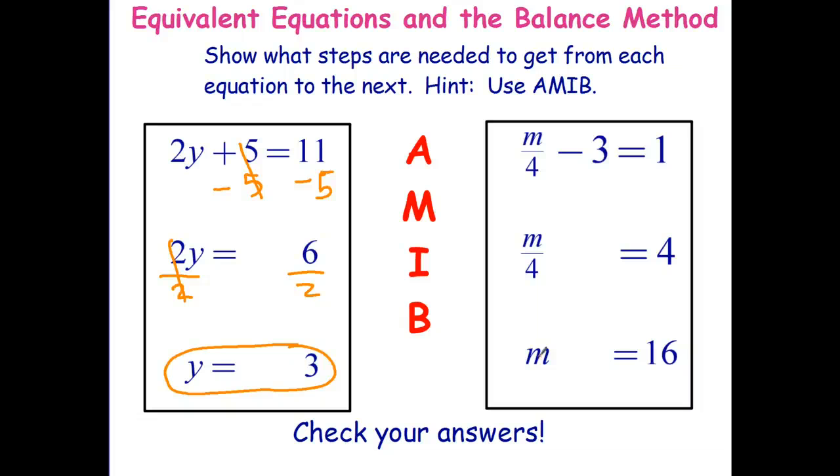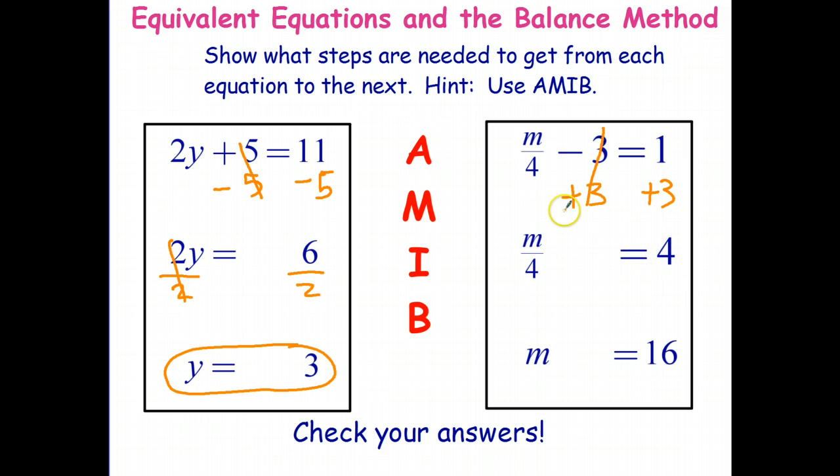Okay, let's see how you went. Now, the secret is we have to undo the order of operations in reverse. I just call that AMIB. So the first thing we had to do is add 3 to both sides. Think of it as being a balance. Whatever you do to one side, you do to the other side. That gives me m over 4 equals 3 plus 1 equals 4.